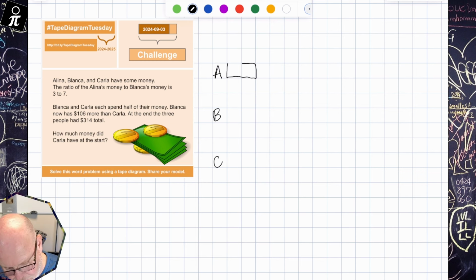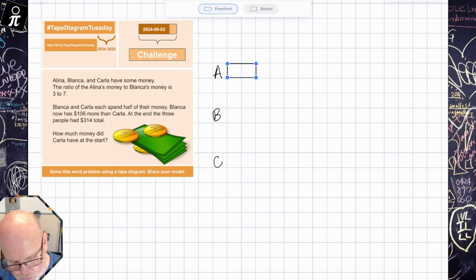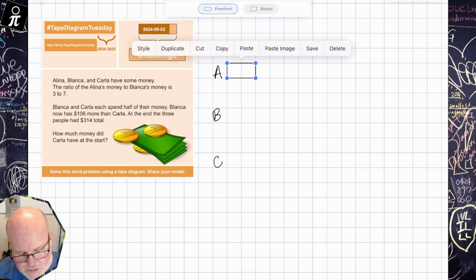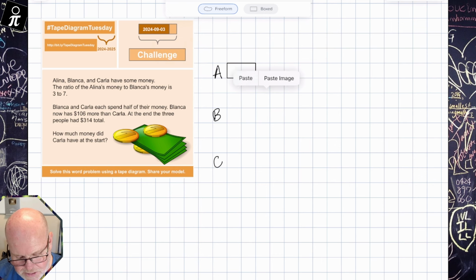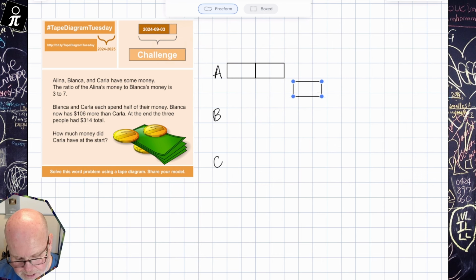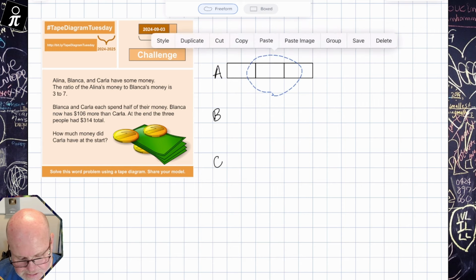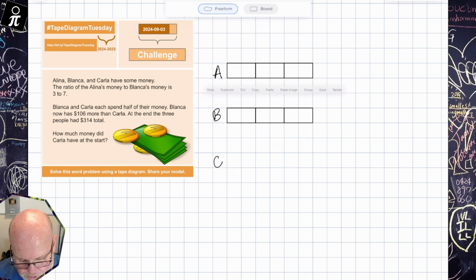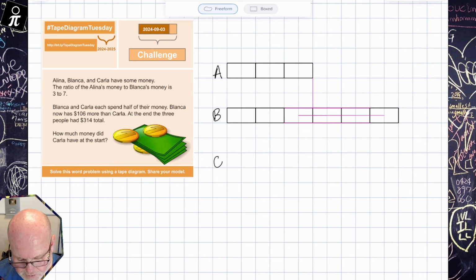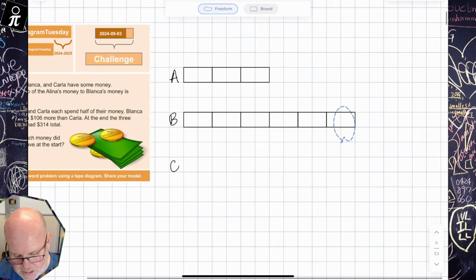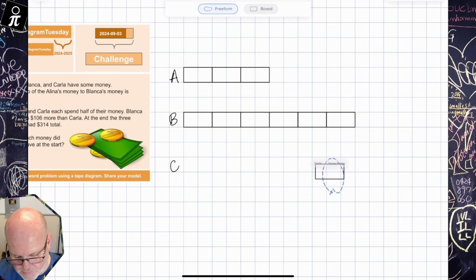I need 3 units for Alina, and I need 7 units for Blanca. 1, 2, 3, 4, 5, 6, and just one extra unit for Blanca. There we go.